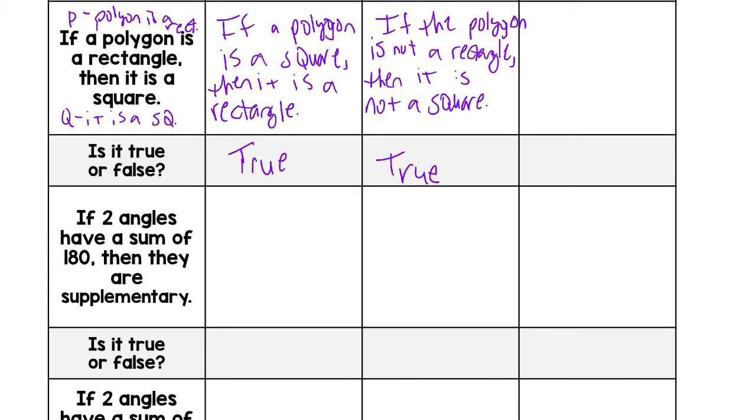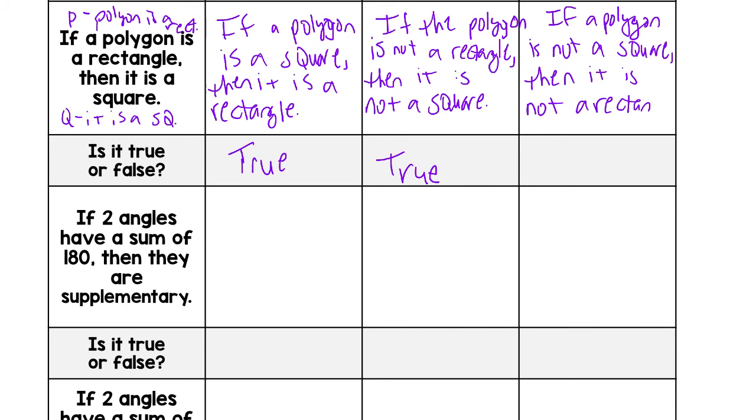All right, contrapositive. If a polygon is not a square, then it is not a rectangle. That one is definitely false. We could have a rectangle that is not a square, and we often do.